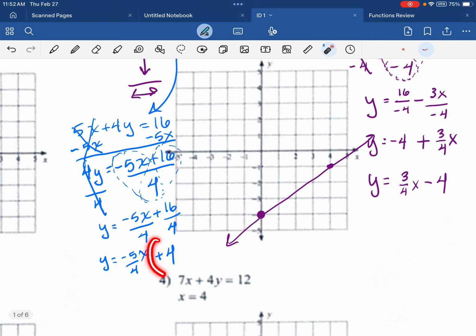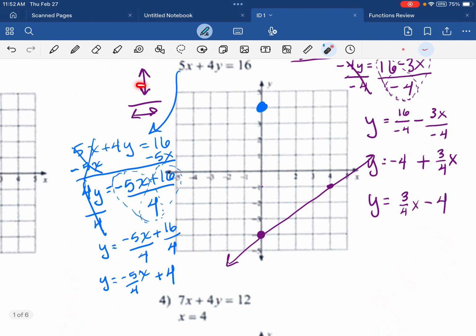Okie dokie. Looks like my beginning point is here at 4, right here. And then according to this slope, it's negative on top. If it's negative on top, I'll go down 5. And if it's positive on bottom, I'll go right 4. So down 5, right 4.